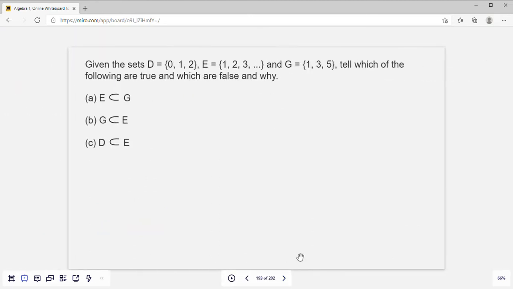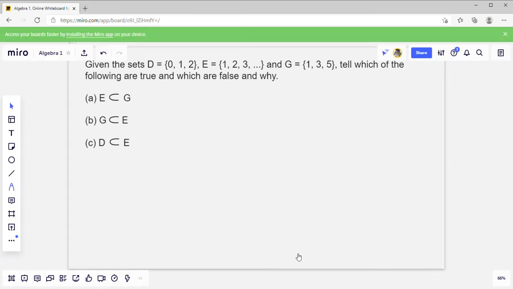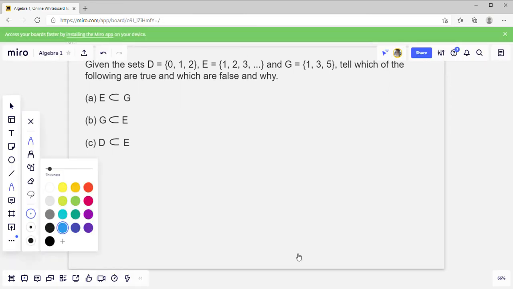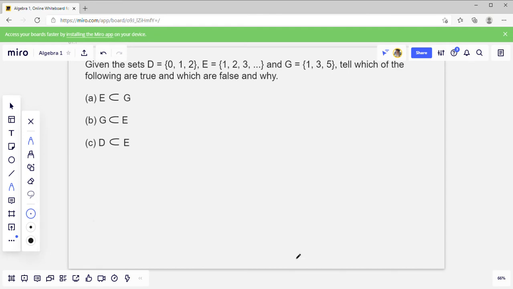Okay, so given sets D, E, and G, tell which of the following are true and which are false and why. All right, so these are what your problems are going to look like. All right, so E is a subset of G. So let's look at E. E has 1, 2, 3, 4, 5, 6, 7.